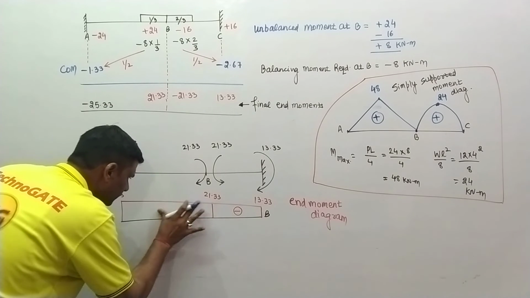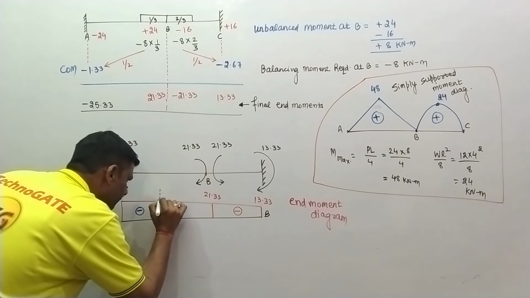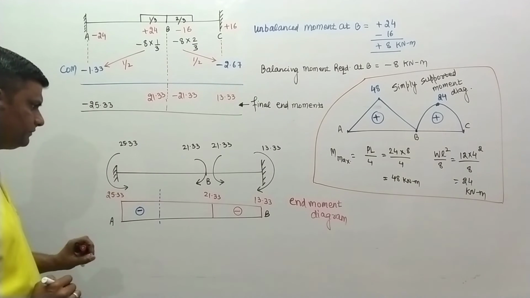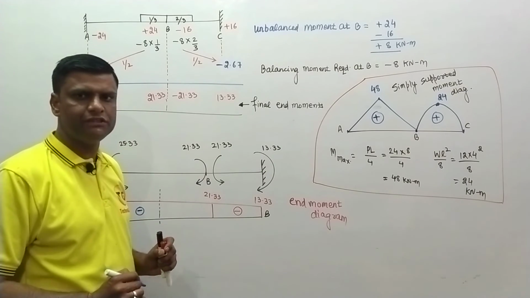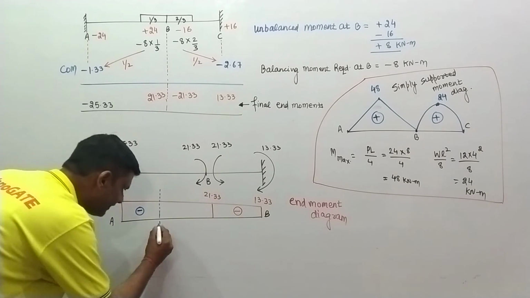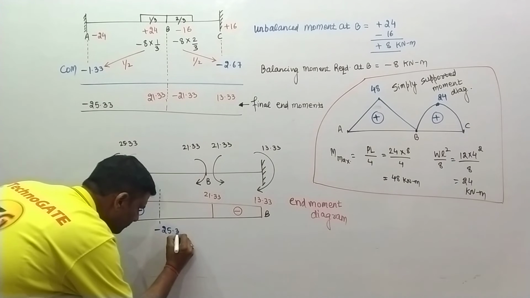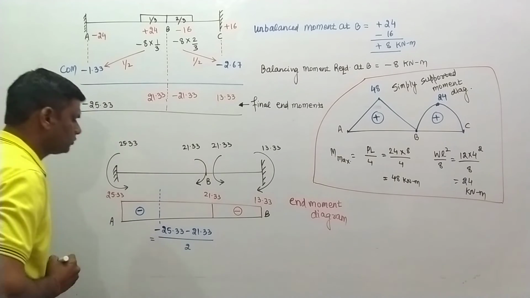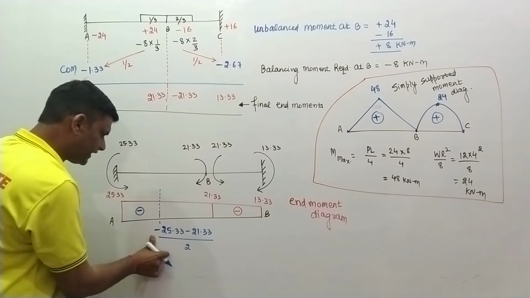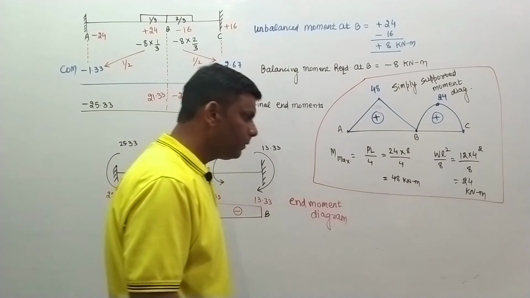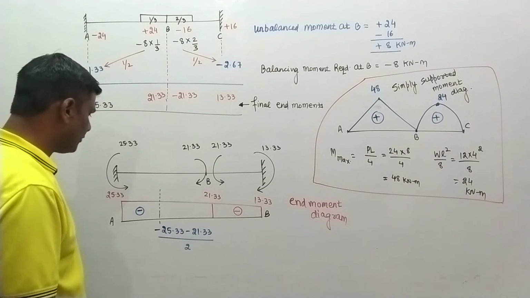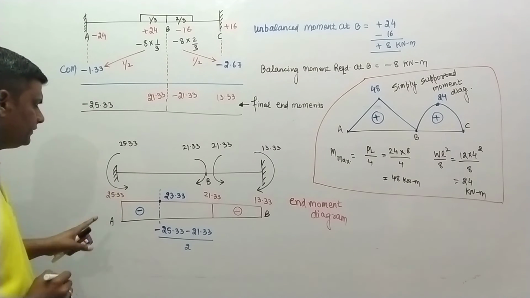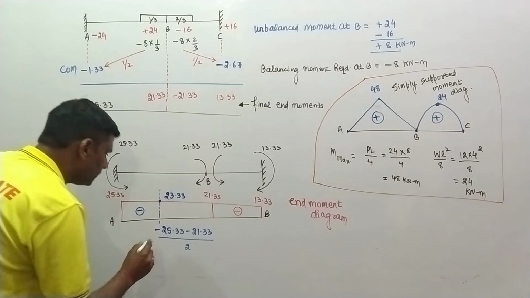Here the value will be minus 25.33 minus 21.33, whole divided by 2. So the average value is 23.33, because of the linear variation.